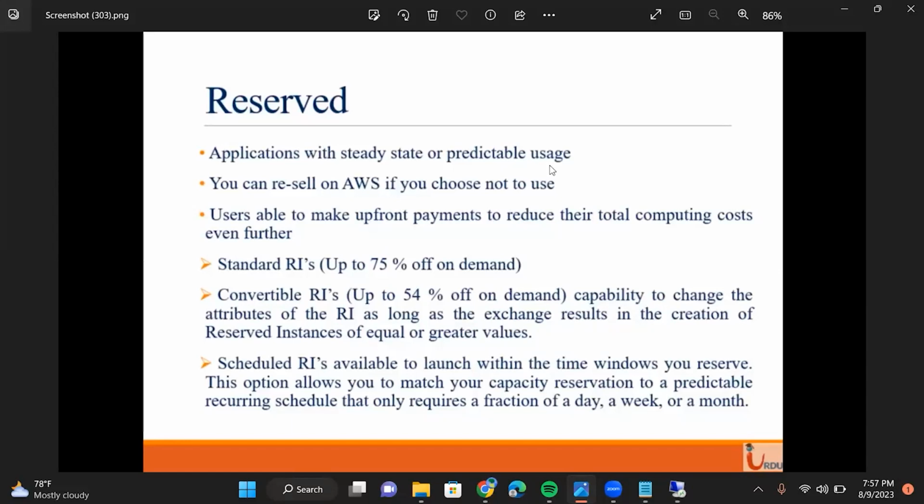Then we know it is predictable data, that for the past 3 years only 100 people have been visiting our website in a day. So maybe in the coming fourth year the data will not change that much. This is what predictability of use means. If we have an application with steady state or predictable use, we can use the reserved instance. Why?